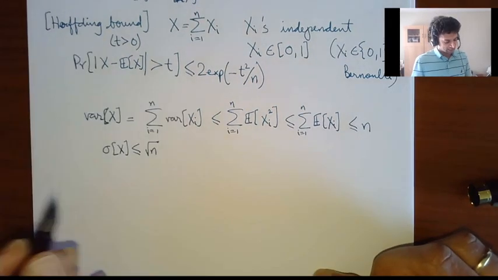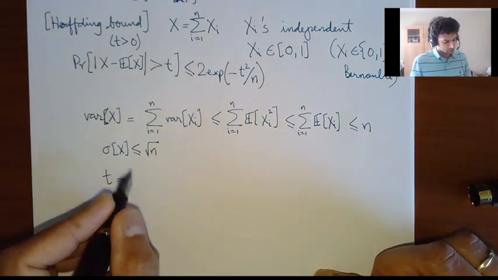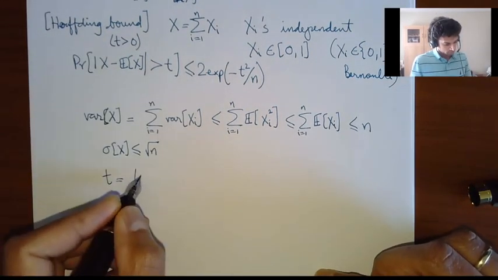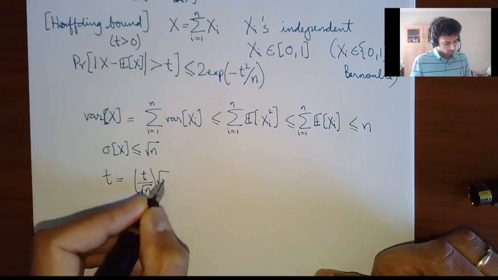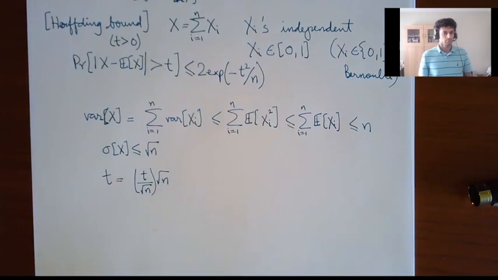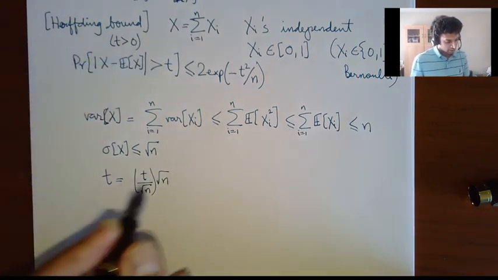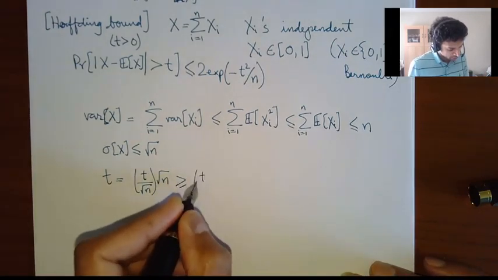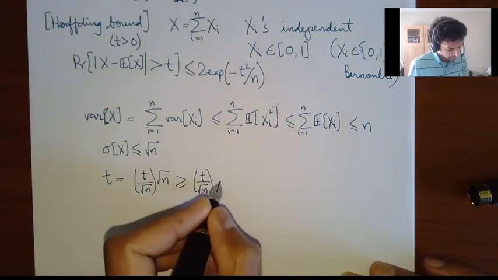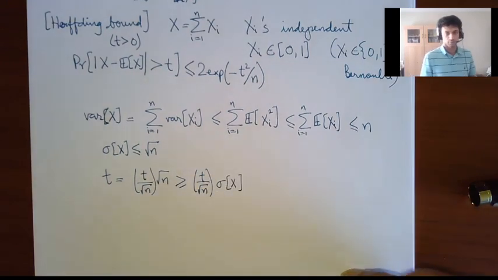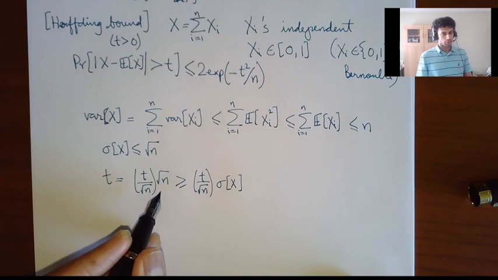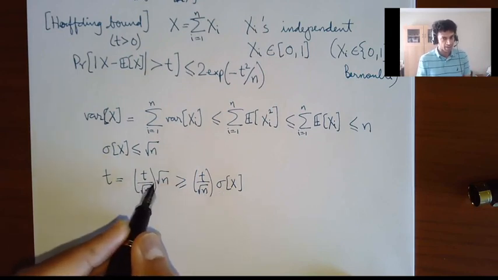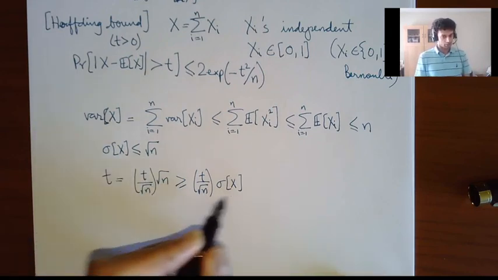Now write t as follows. I can write it like that. So a deviation of t is a deviation of t divided by root n standard deviations. Right? t is rewritten this way, which gives you this, because root n is greater than the standard deviation.